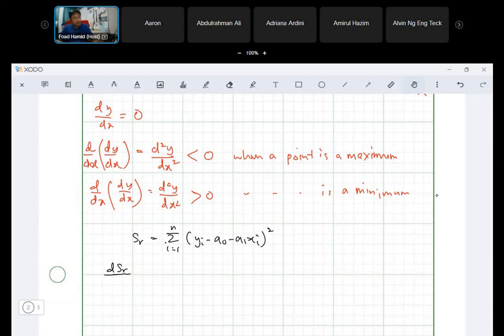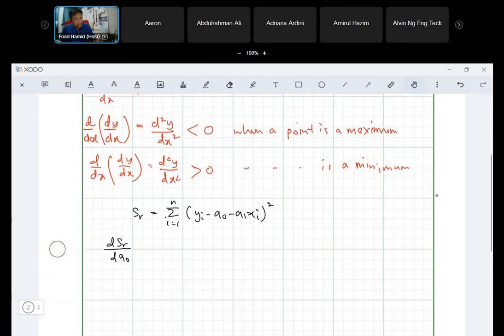So we need to differentiate with respect to a0. And we also need to differentiate with respect to a1, because there are two variables here, not just one, but two: a0 and a1.